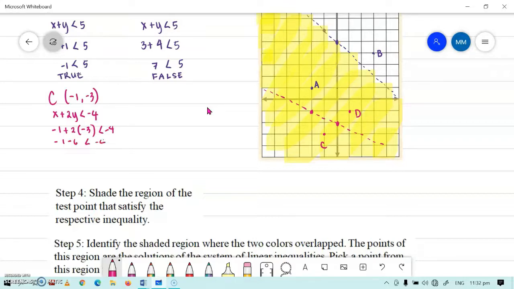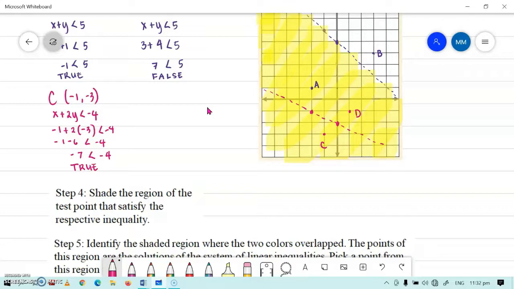Negative 1 minus 6 is negative 7, less than negative 4. So is negative 7 less than negative 4? True. So for test point C, our second inequality is true.